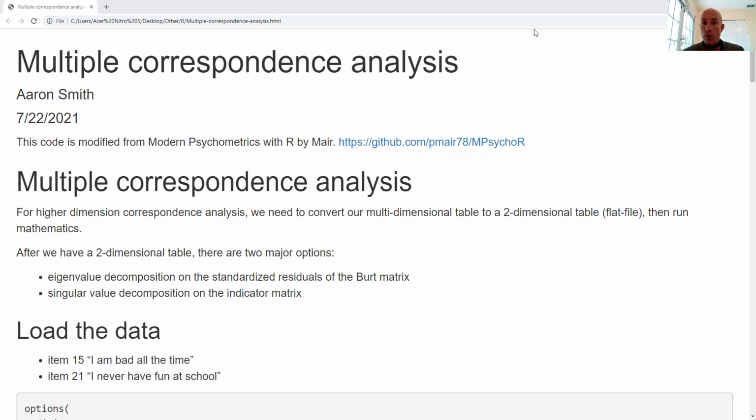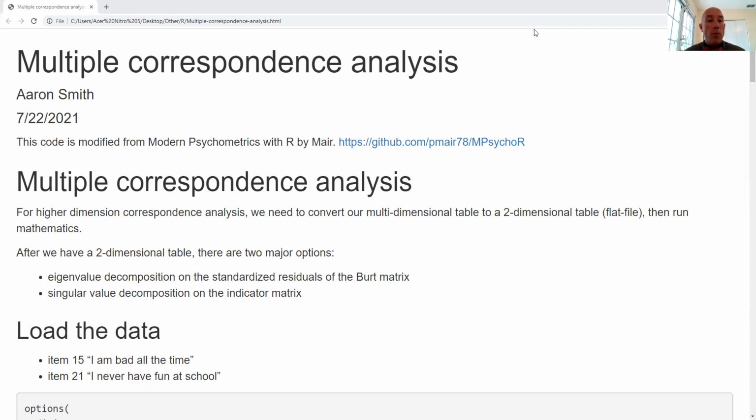Just to back it up, in simple correspondence analysis, we have a two-dimensional table, rows and columns, and our evaluation, probably with a chi-square test, indicates that we do not have independence between rows and columns, and we want to dig in deeper. Here, for multiple correspondence analysis, we're extending that to higher dimensional tables.